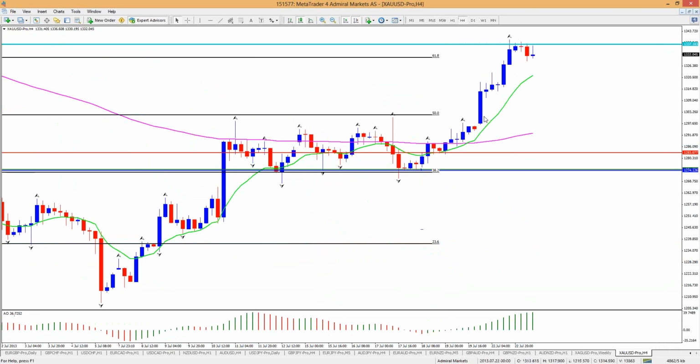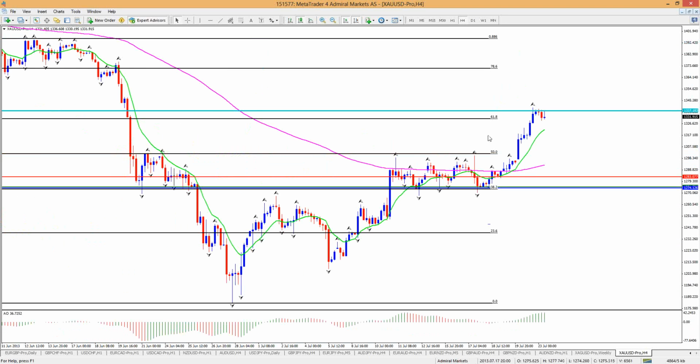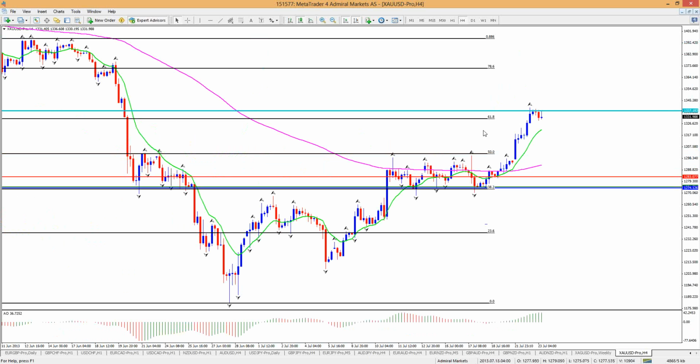But the gold is really funny in a way that it went all the way to the 618 fib. So looks like, I don't know, a bit of stop hunting maybe. I don't know, but it definitely goes a bit higher than I expected. So either this is the max level, I would say, of what I expected, the 618.